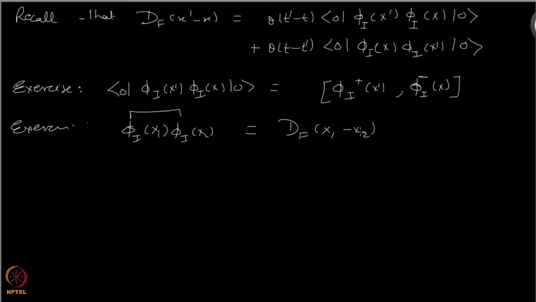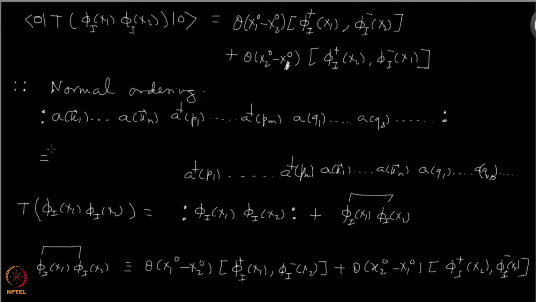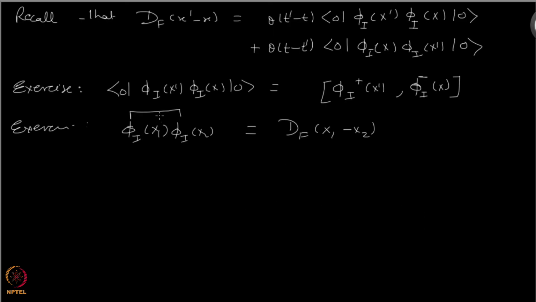These are easy exercises to do, and with this we conclude that the time order product of two fields is just the normal ordered product of these two fields plus a contraction. Let me write it.